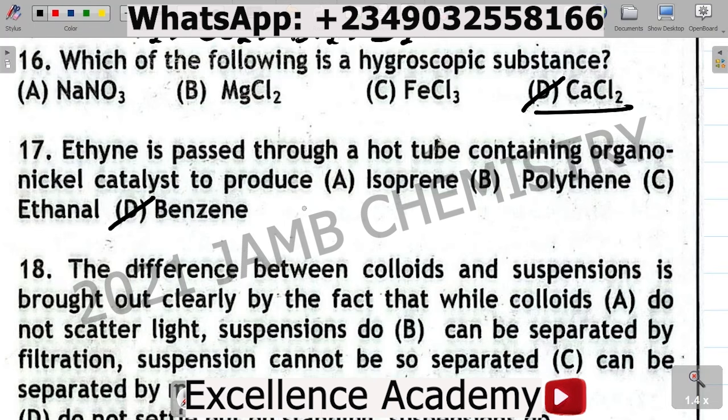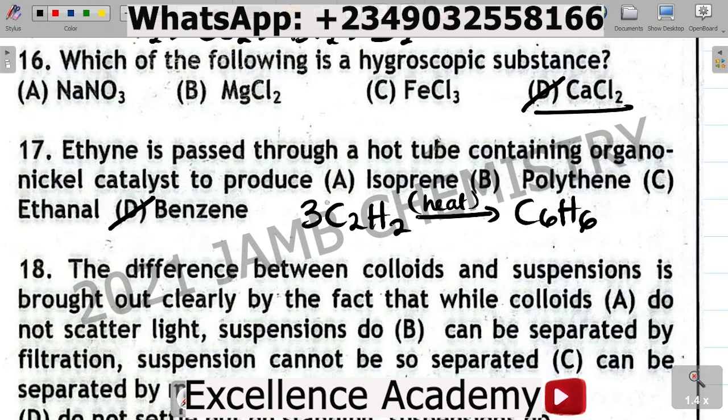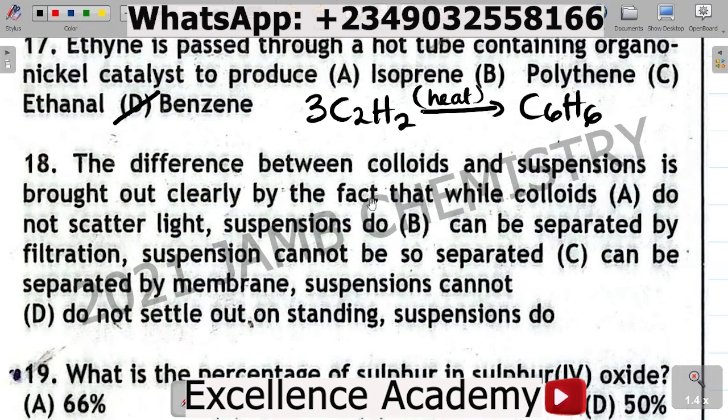By that I mean 3 moles of ethine, C2H2, under heat would form benzene, C6H6. This is what is called trimerization, meaning 3 moles of it give you benzene. So the correct answer is D, benzene.